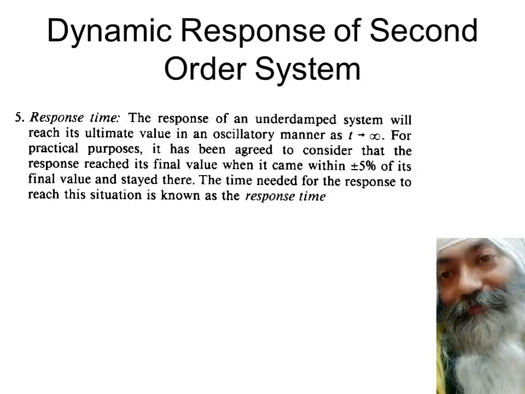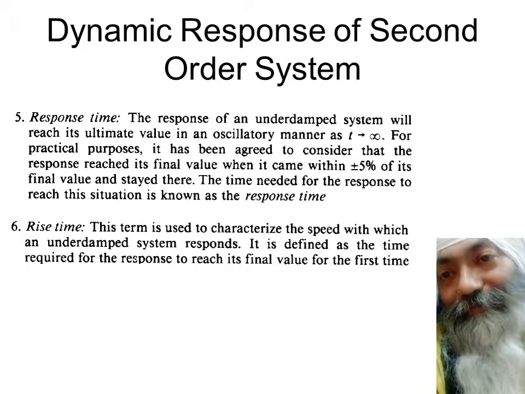Response time, I've already been telling you. When it reaches the plus minus 5% band and it remains there, it stays there, this kind of time is known as response time, or settling time as sometimes it's called. And the rise time is the first time it reaches the ultimate response, before the overshoot.